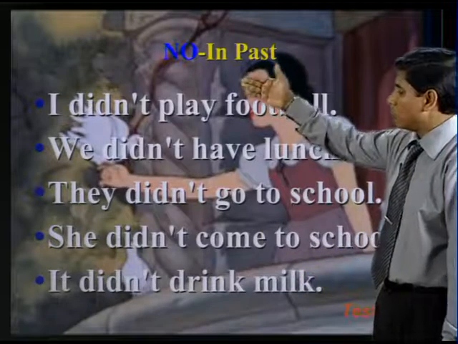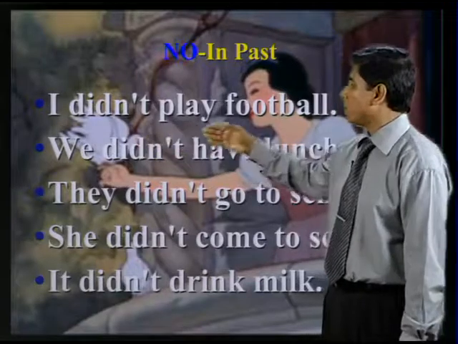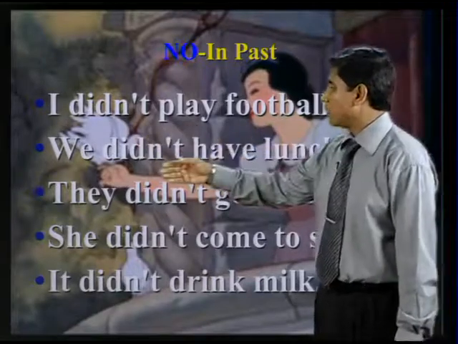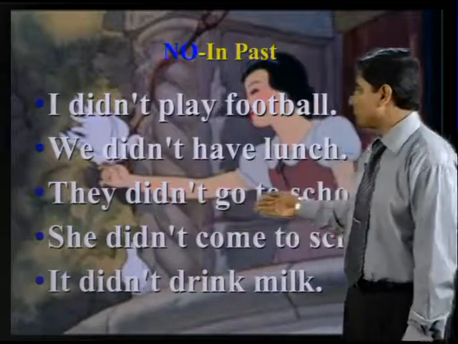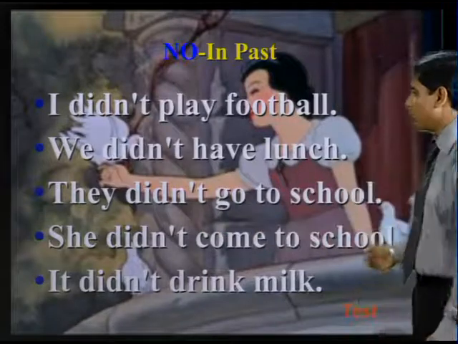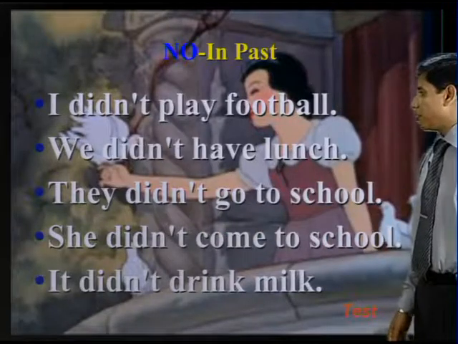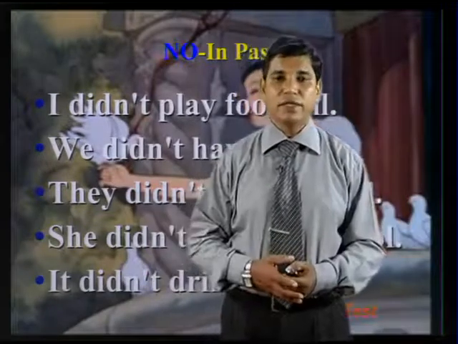So all these sentences, if you want, you can use I did not play football. We did not have lunch. They did not go to school. She did not come to school. It did not drink milk. So you can use did not or didn't.